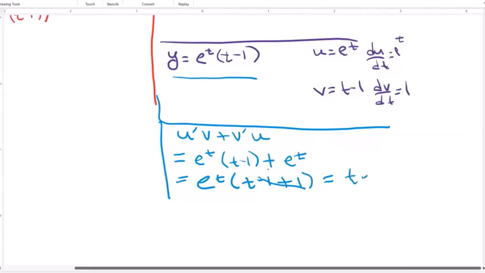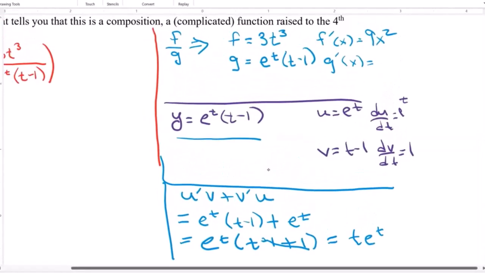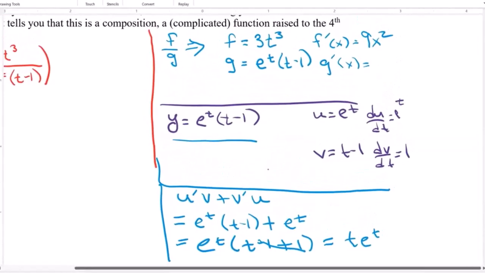So this becomes t e to the t. And that's my g prime, t e to the t. So if I were to explain what I did here, first I said I have a quotient rule and I need my f, g, f prime, g prime. So this is for the quotient rule.